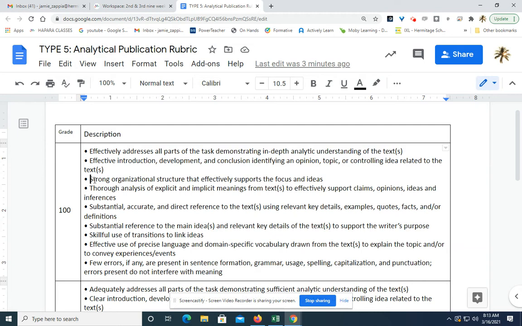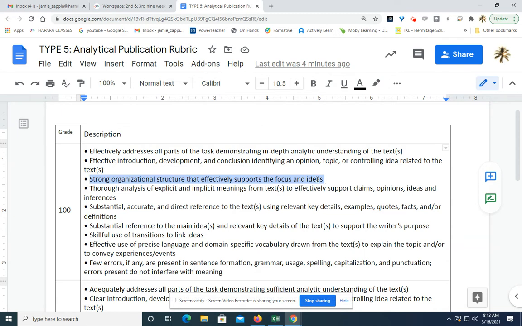Bullet number 3, a strong organizational structure that effectively supports and focuses ideas. In other words, you figured out and developed an organization in your body paragraphs that makes sense. You haven't separated the two skills. You're making those skills interact with each other, and you're doing a good job of going through each aspect, intro, body, and conclusion.